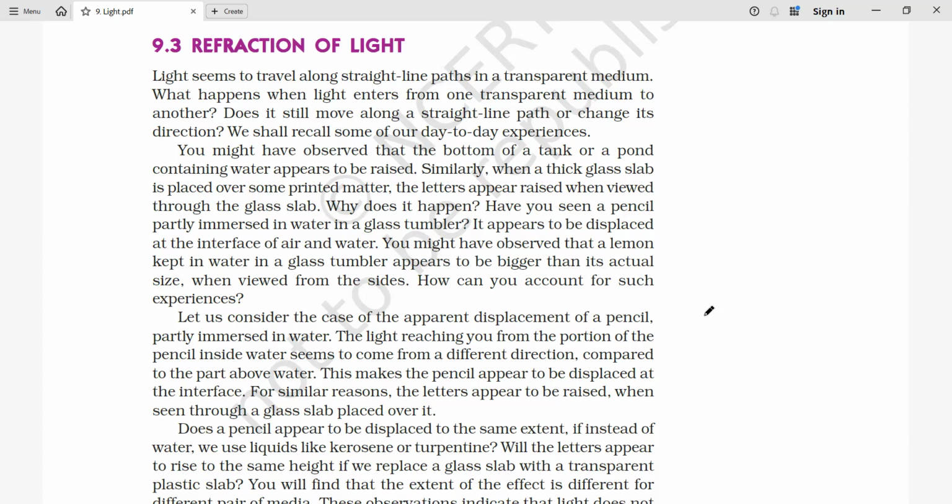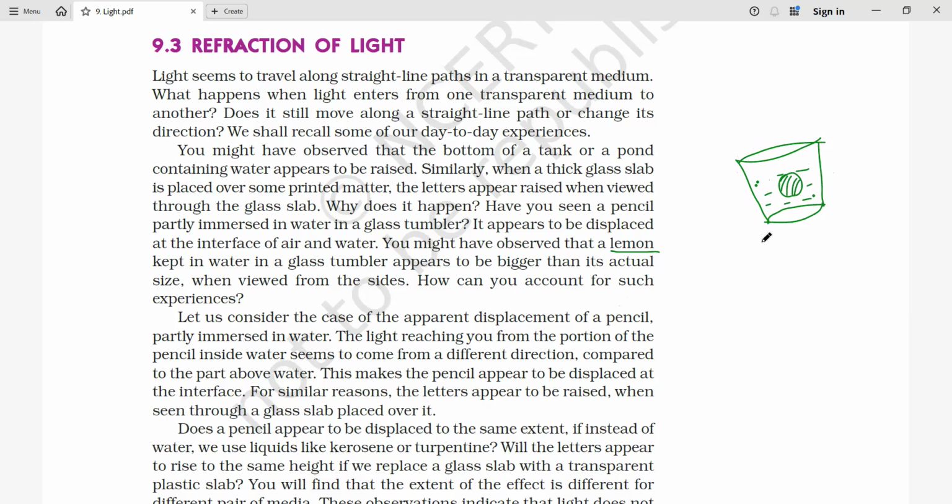Suppose, for example, we have taken one lemon or any other substance. Generally, we use lemon regularly. If this lemon is kept in a transparent tumbler filled with water, then finally, if you see from the outside, the lemon will look bigger.